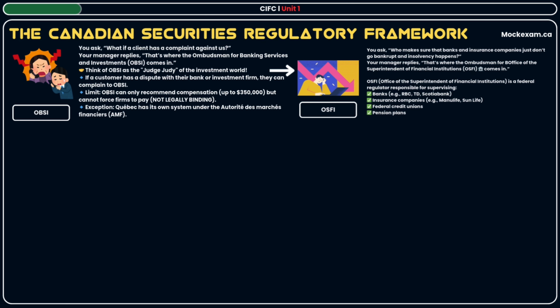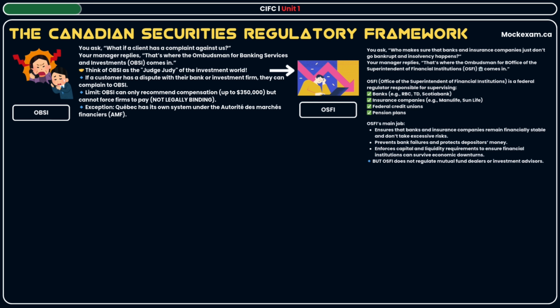But what are the jobs or duties of OSFI? OSFI ensures that those banks and insurance companies remain financially stable and don't take excessive risks. Okay. They watch banks and insurance companies, put some limits, and make sure they are stable.